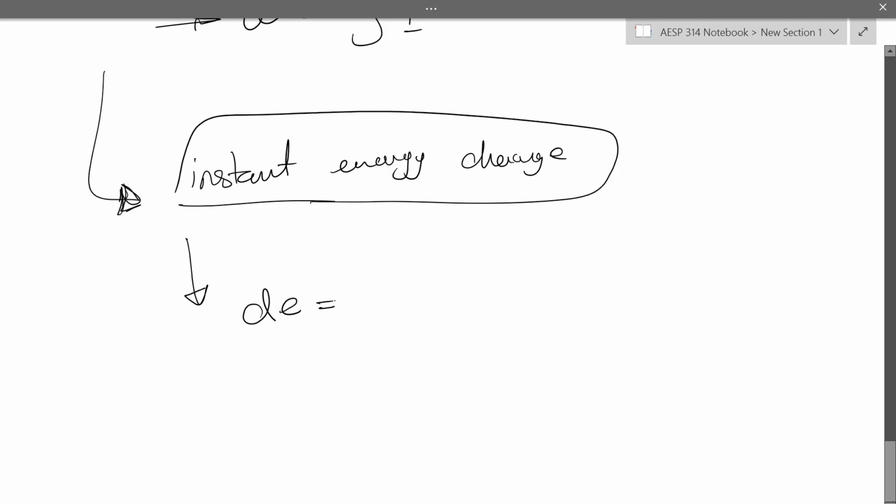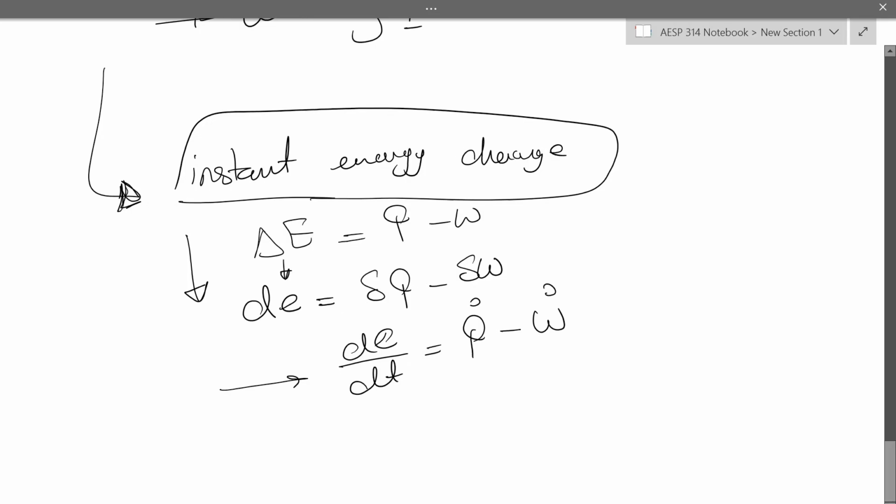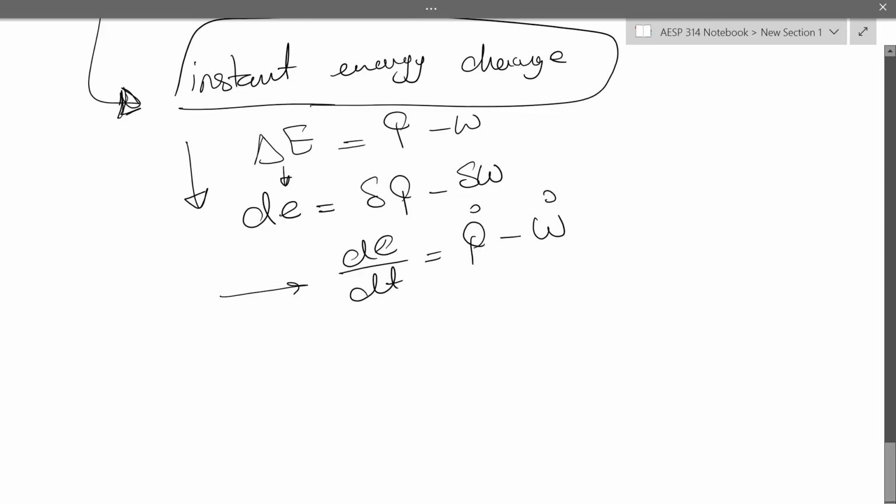So if you're looking at an instant, your delta E is going to be transformed to the derivative of internal energy, and your Q minus W is going to be very small changes in Q minus very small changes in W, or the rate of change. Let me rewrite this: the change of E with respect to time is Q dot minus W dot. Any questions so far?